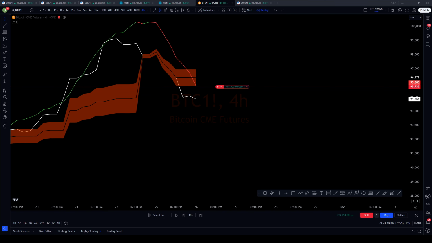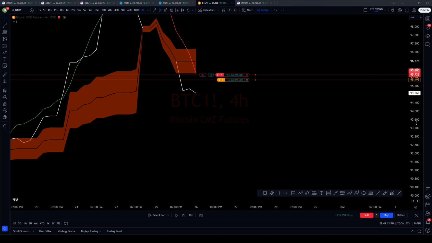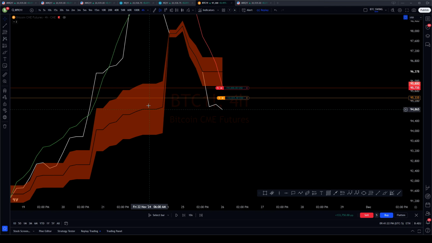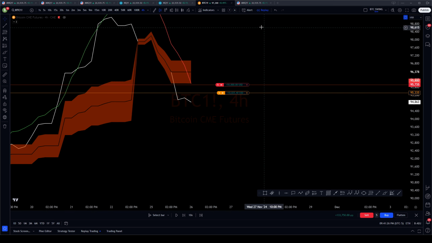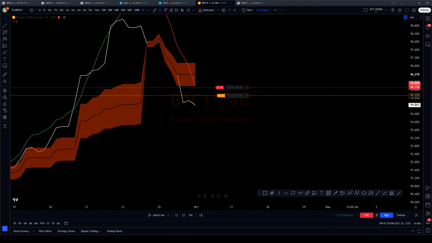I wouldn't just hold this one. So we're going to go break even on this. Maybe lock in, I don't know, 10 grand just to make it worth the week, in case it slaps back up. Because it could, because this was an unmitigated weekly zone and it's mitigating it. So this could be just a pullback to dump up again, but we still want to get some money out of it. So we're going to lock in 10 grand.